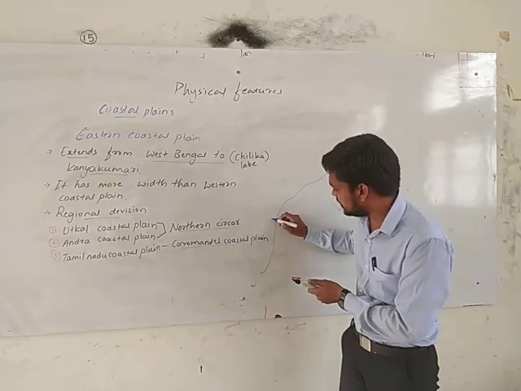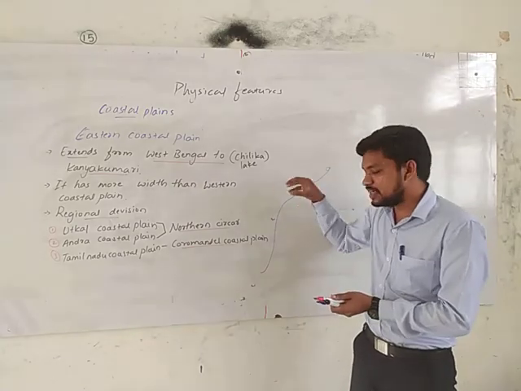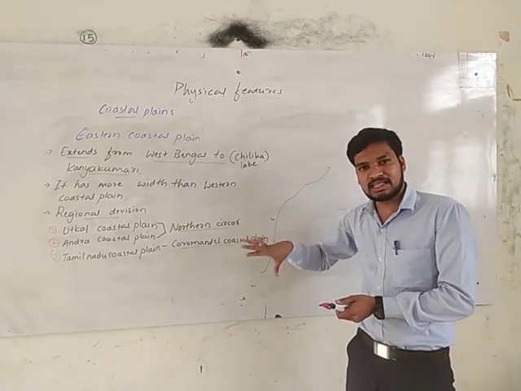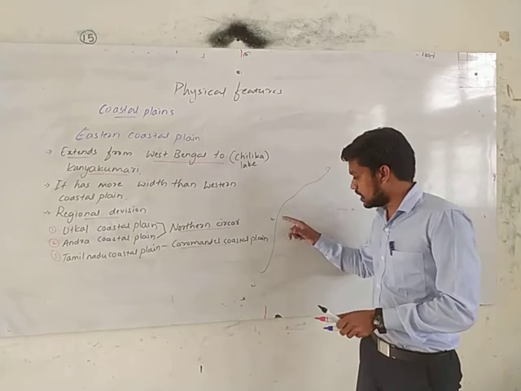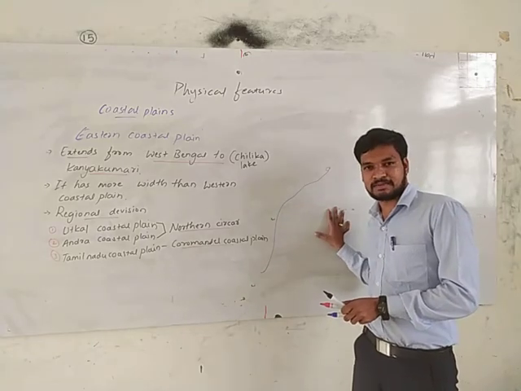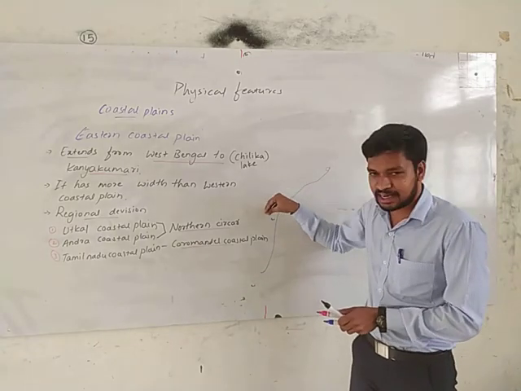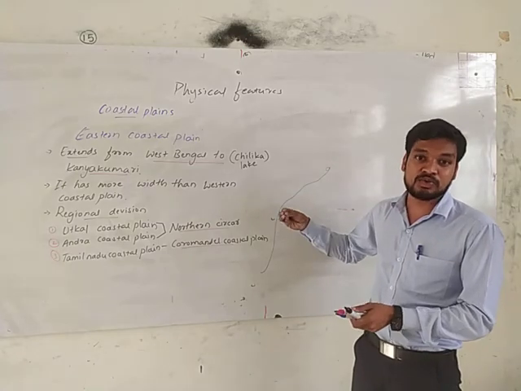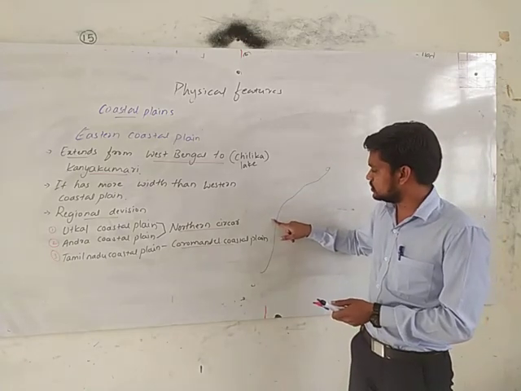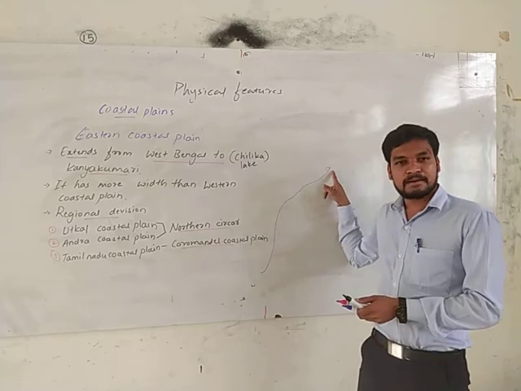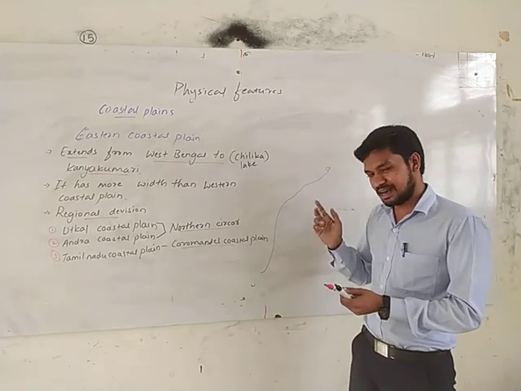Suppose there is a shallow area, a depression; then water will be filled there and it remains as a lake. This sea water filled in the depression is called a lagoon. Such a lagoon we have here is the Chilika lagoon or lake.